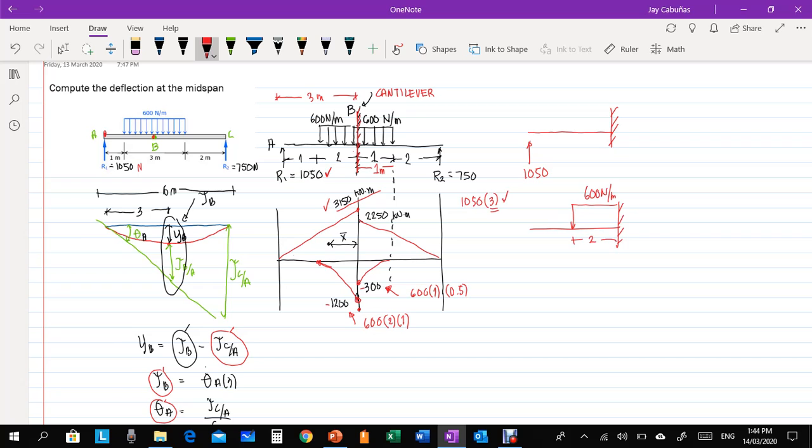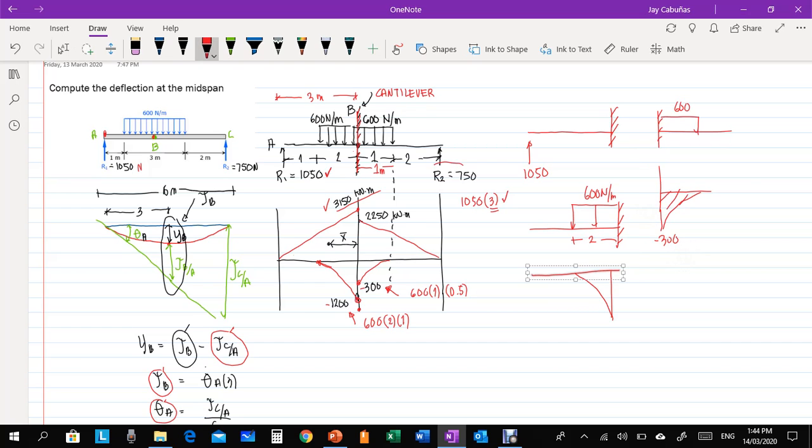So this is its diagram. What is the diagram? Parabolic, right? Okay? How about the other side of the cantilever beam? There is a load of 600 Newton per meter. So its moment diagram is downward, also parabolic, right? Which is negative 300. Okay? So that is moment by parts.